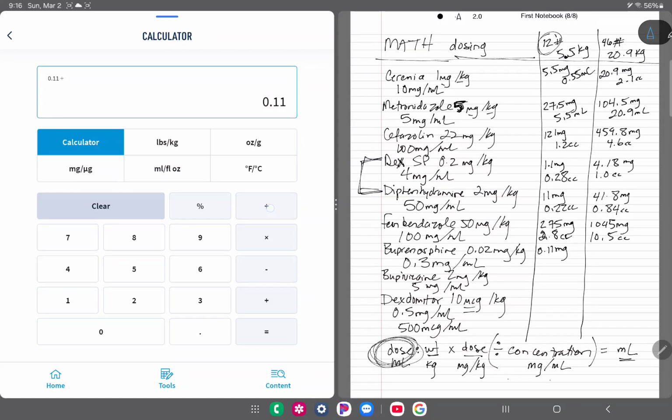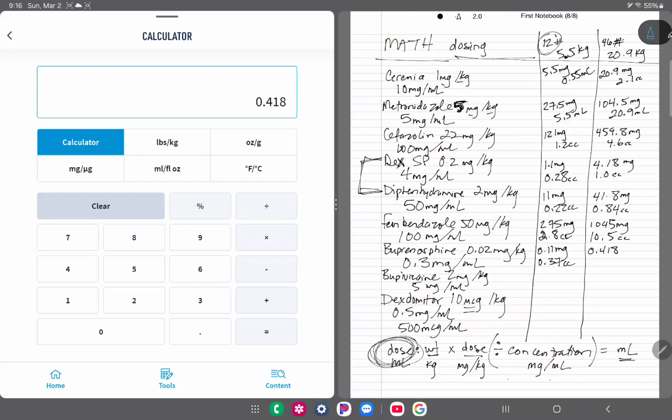And if you take it divided by concentration, you're going to get 0.37 cc's. That's what you've pulled up in your syringe that you've delivered IV. The dog, 20.9 times dose, 0.02, is 0.418.